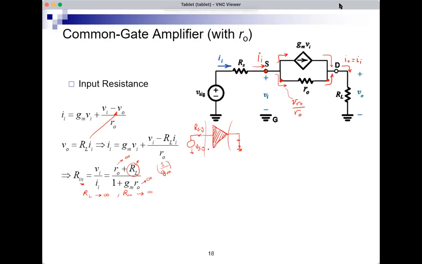So to find the input resistance, output resistance, and AVO, the open circuit voltage gain, you just look at the inside of the amplifier.